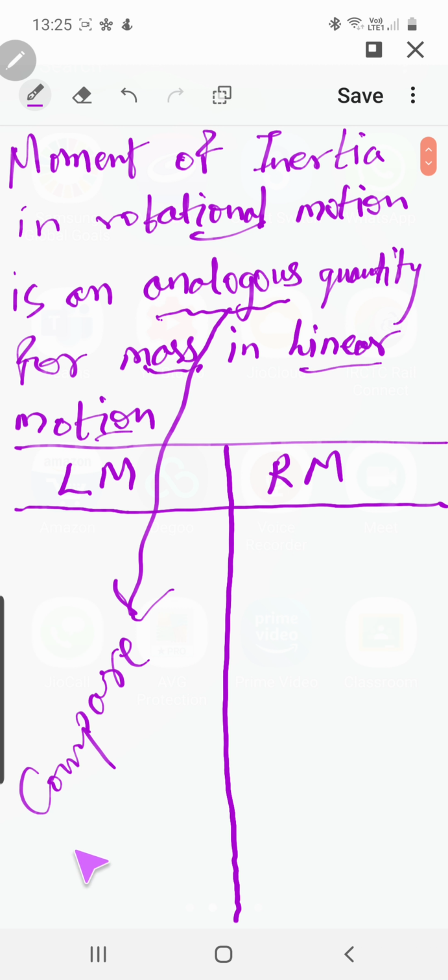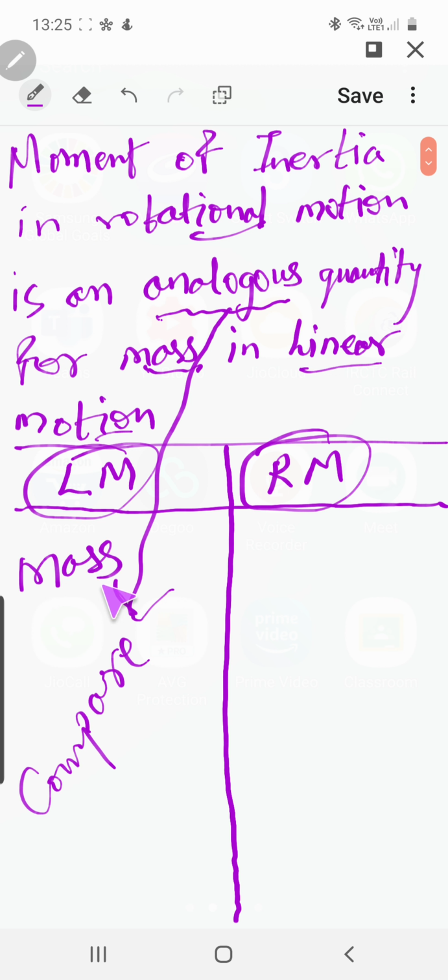That means in linear motion, if I consider mass given by m, then this mass will be similar to moment of inertia in rotational motion, given by I, and its formula is mr square.